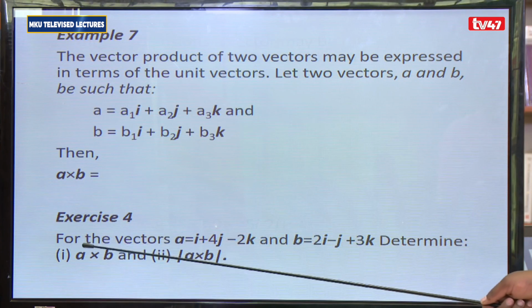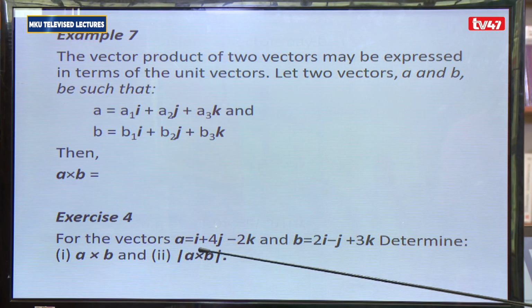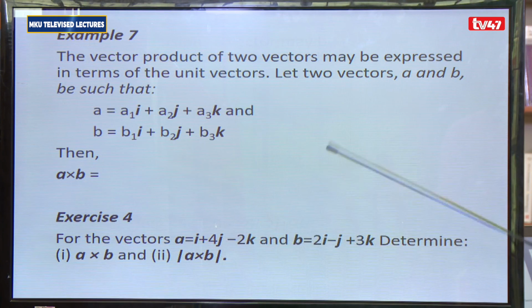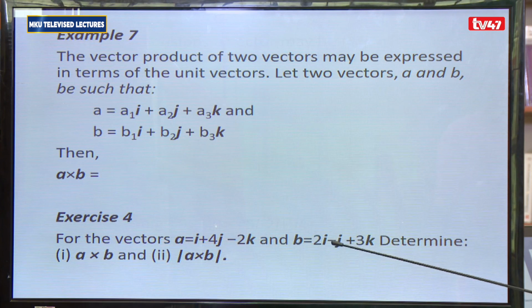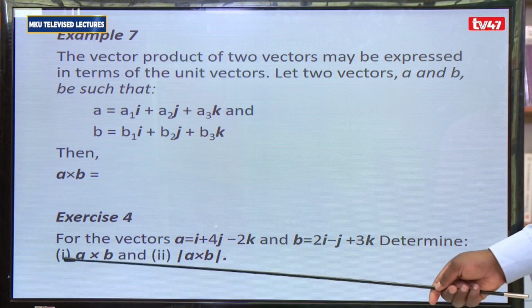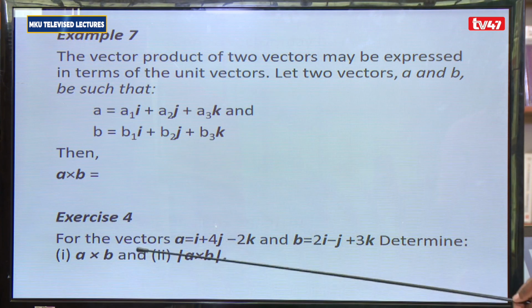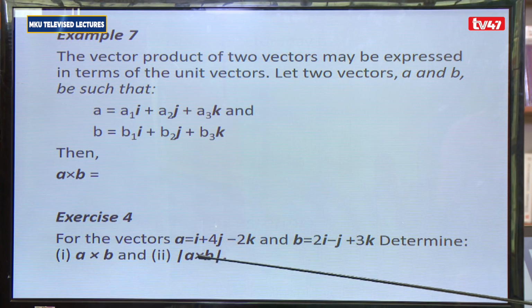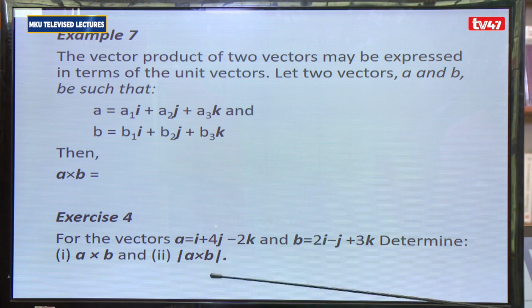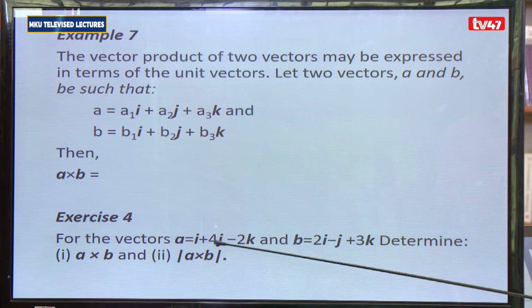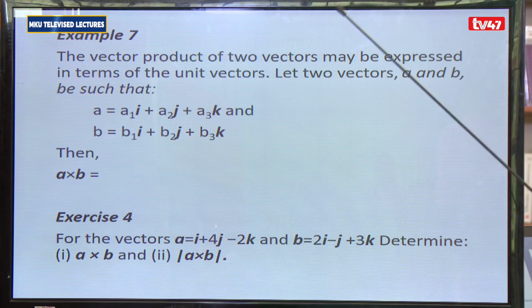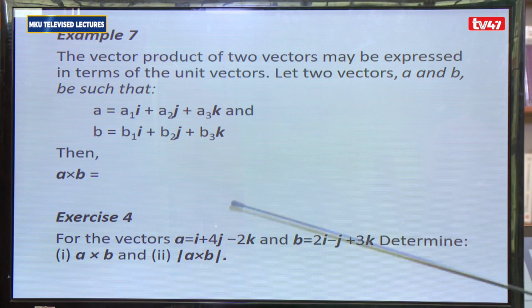For the vectors A equals i plus 4j minus 2k and B equals 2i minus j plus 3k, determine A cross B, and then get the magnitude of A cross B. Given that, it is very possible to do that following what we have done in this other example.